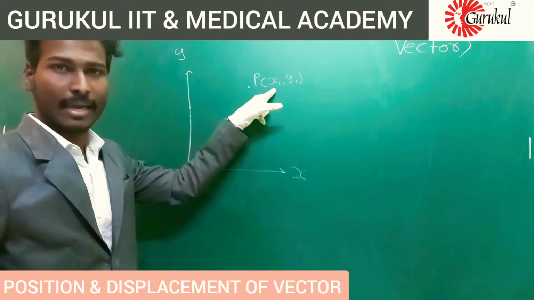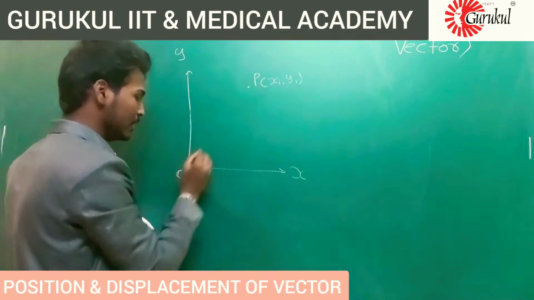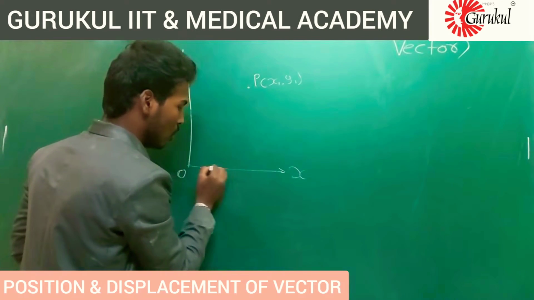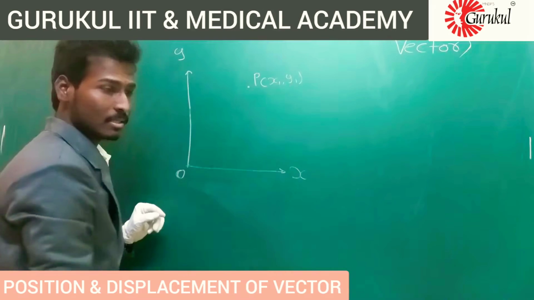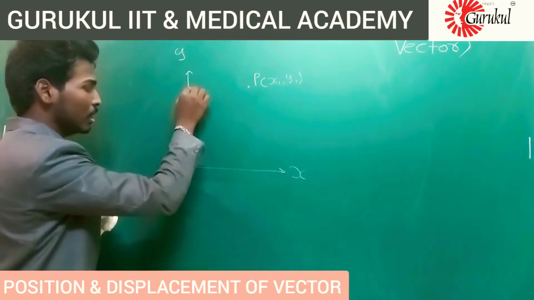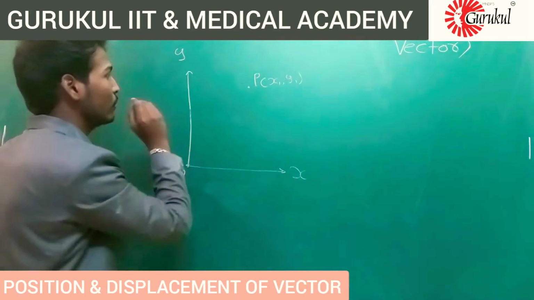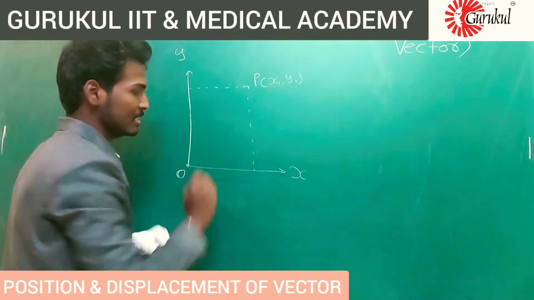You know that x1 means the distance of point P from the origin on the x-axis. Similarly, y1 means the distance of point P from the origin O along the y-axis. So this is the y distance and this is the x distance.